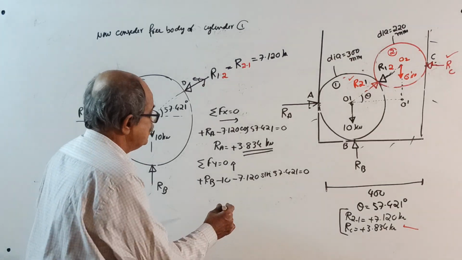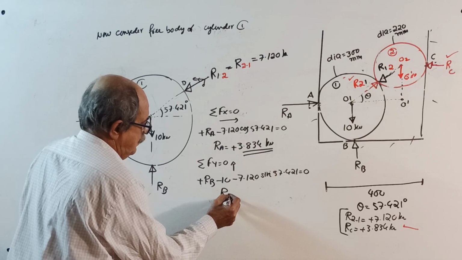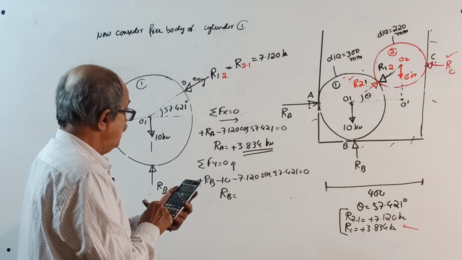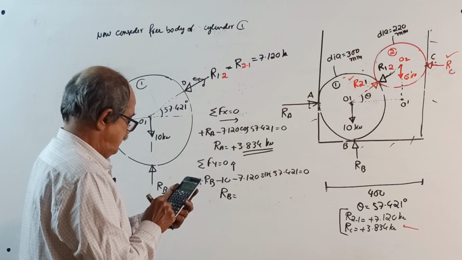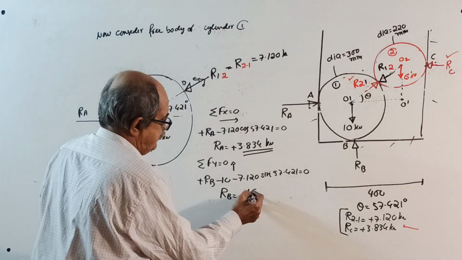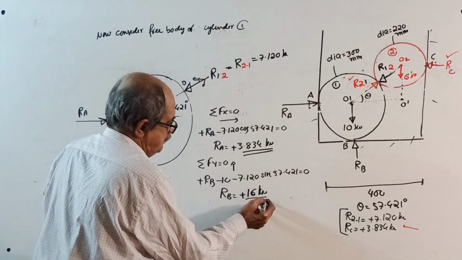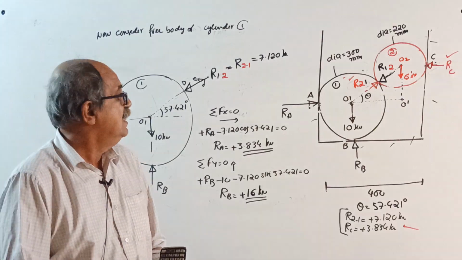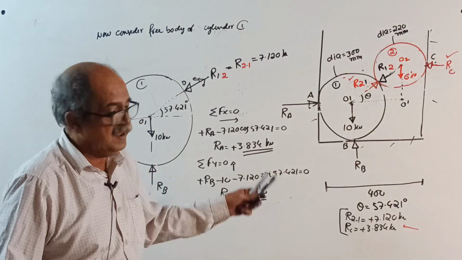I should be harsh on that one. RB will come 10 plus 7.120 into sine 57.421, 16 kilonewton. Right. Now, therefore, everything is over now. I will, now one more thing.